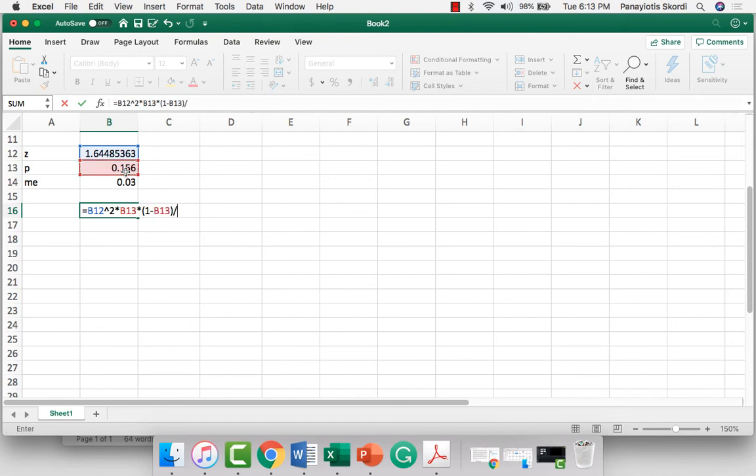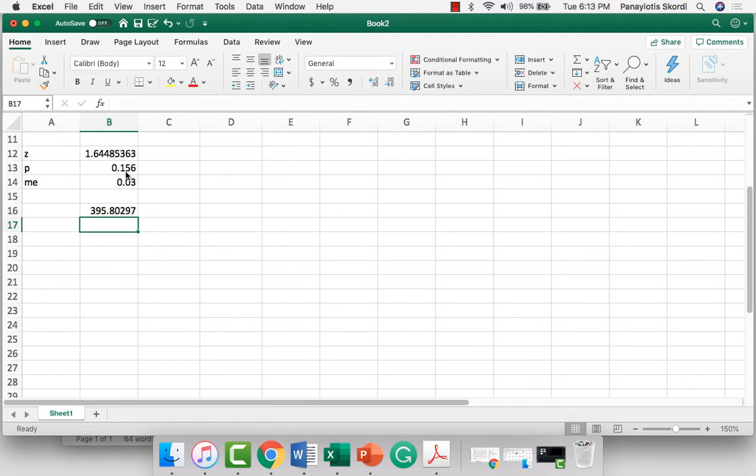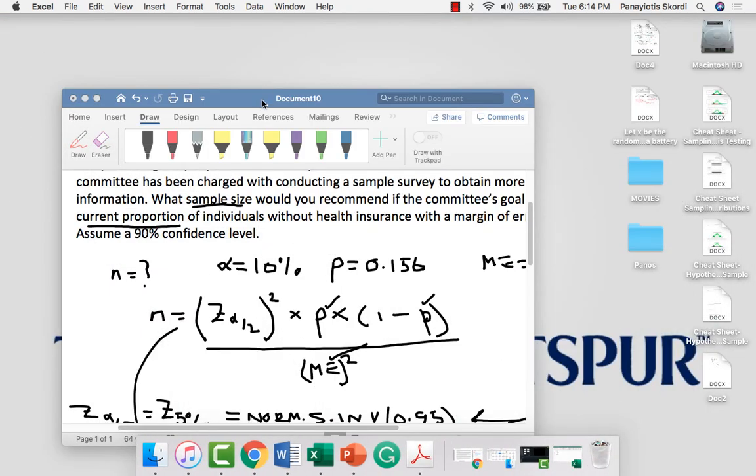And then I want to divide the whole lot by the margin of error squared, which is going to be 0.03 squared. So it's going to be shift 6 squared. And let's see what that gives us. That gives us a large answer of 395.8.